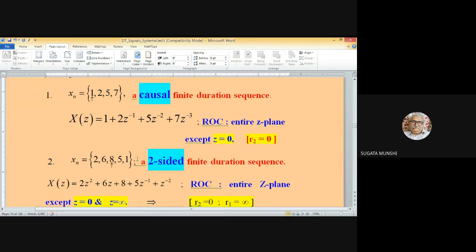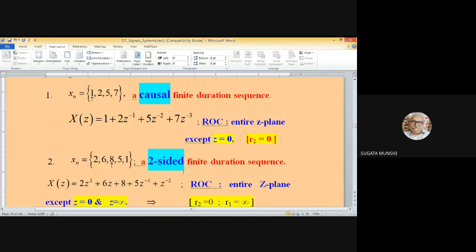Because there is no other term to the right, all those samples, x3, x4, x5, x6, will be 0. Similarly, 8 is the sample for n equal to 0, so that is x0. The samples to the left: 6 is x minus 1, 2 is x minus 2. Because there are no samples to the left of 2, all those sample values, x minus 3, x minus 4, x minus 5, will be 0.